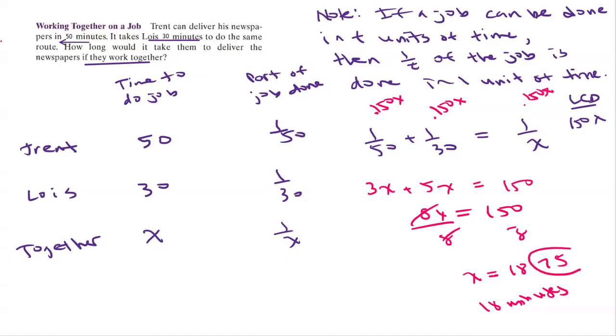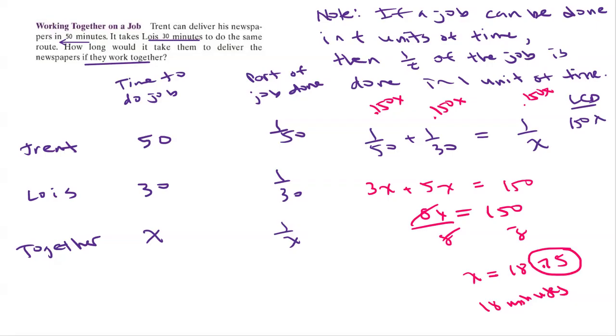Okay, how can I represent 0.75? What can I multiply that by to get the seconds? Good, right? It'll just be by 60 seconds, right? Because there's 60 seconds in a minute.